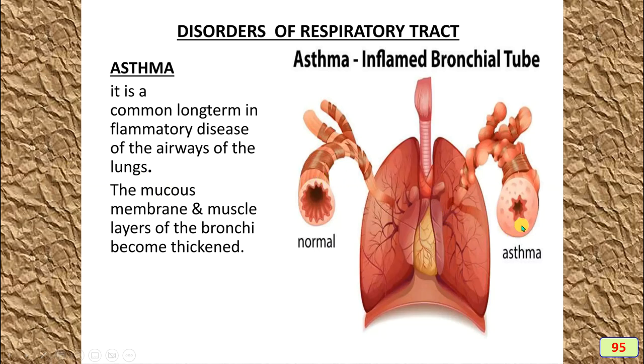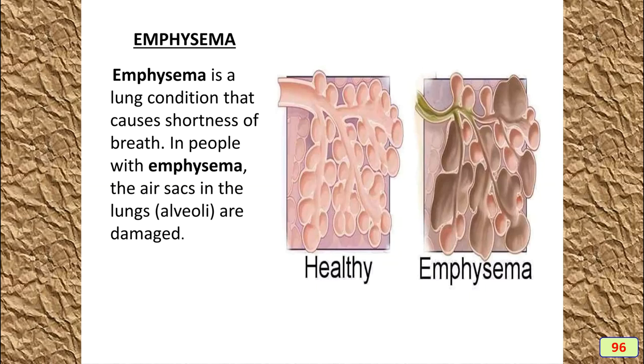You can see that the normal trachea contains a wide space, whereas in asthma the walls are enlarged. Inflammation of the bronchial tubule will be there.